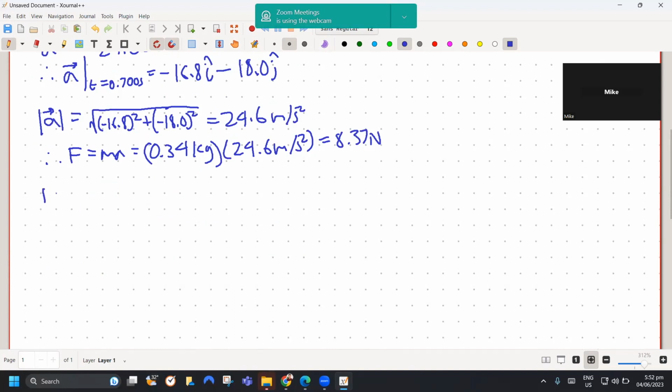Okay. And then for B, ngayon, sketch mo na yung XY plane tapos nasaan yung acceleration.